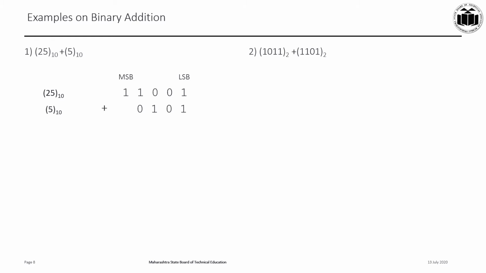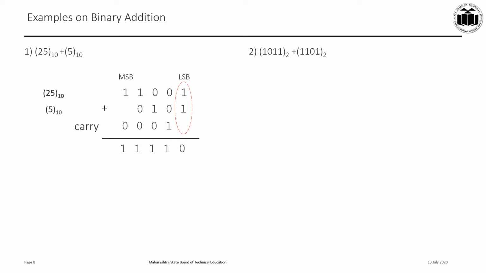The addition of these two numbers starts with the LSB column, where it is 1 plus 1, which gives the sum as 0 and the carry is 1, which is transferred to the next higher order column. 0 plus 0 plus a carry 1 will give 1 as the sum and the carry will be 0.